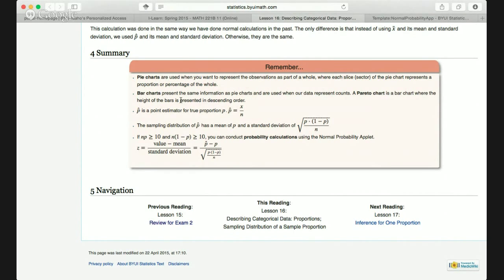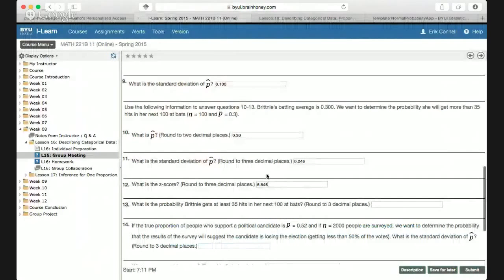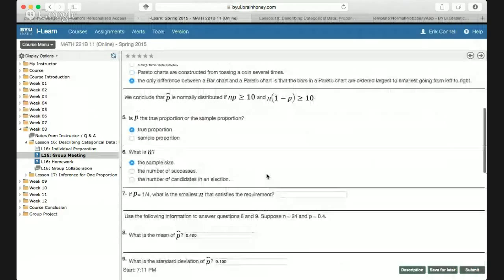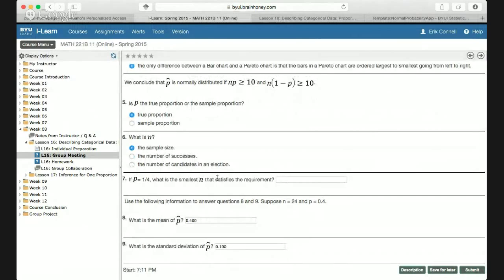So n times P, where P is 1/4, so we have to find the n. So 0.25 times 40 makes it greater than or equal to 10.